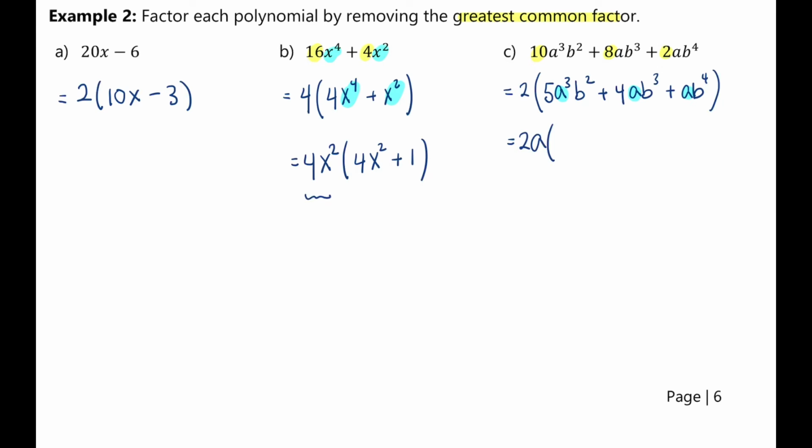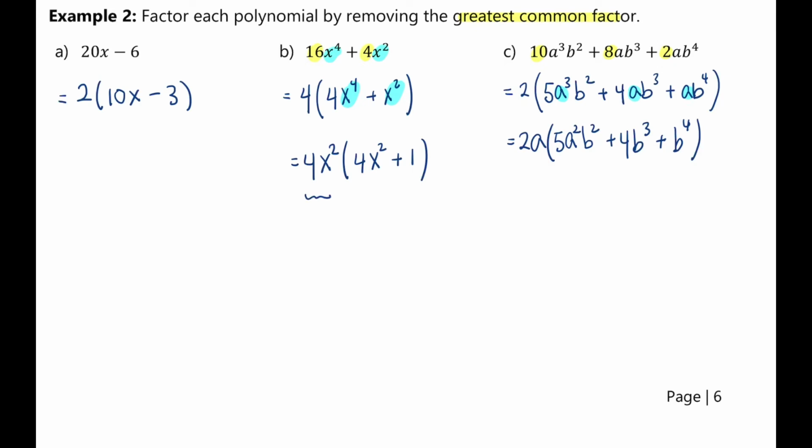So the first term divided by a would be 5a squared b squared plus 4, and a divided by a is 1, so it's gone now. We'll keep the b cubed. Plus a divided by a is 1, so that it's just gone again, and left with b to the power of 4.